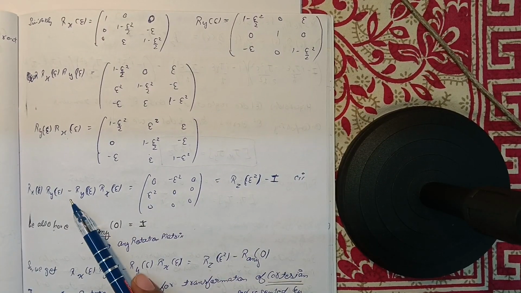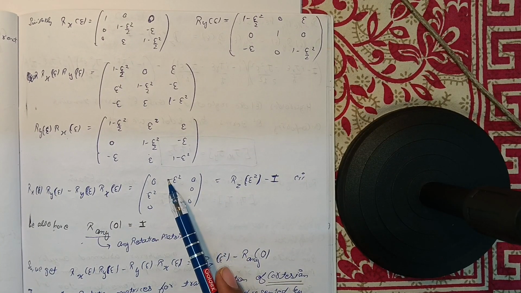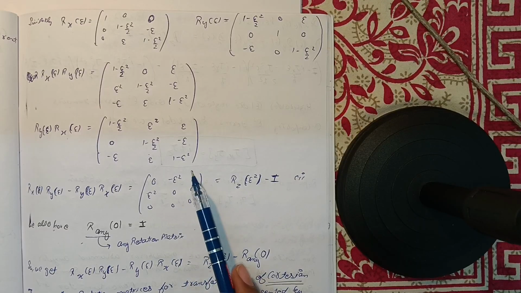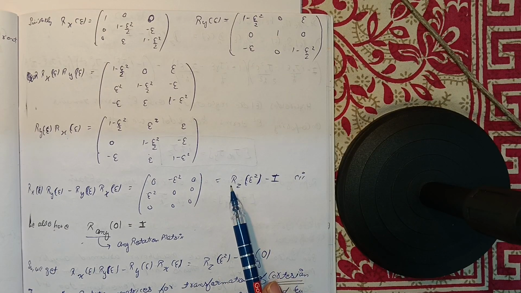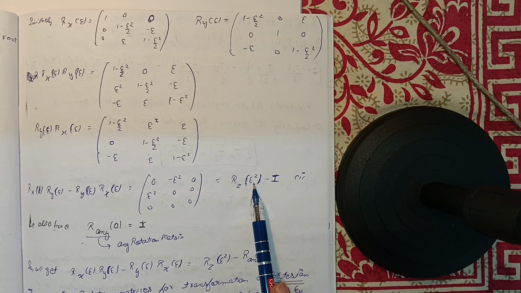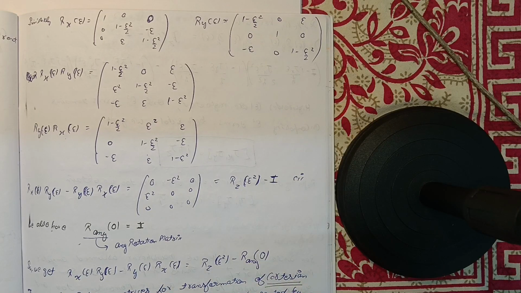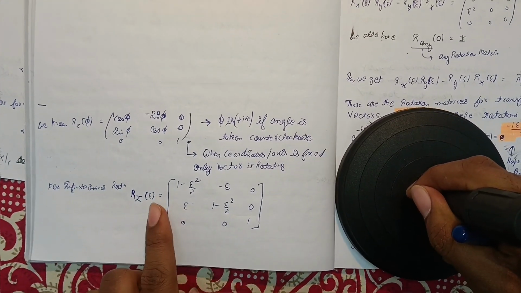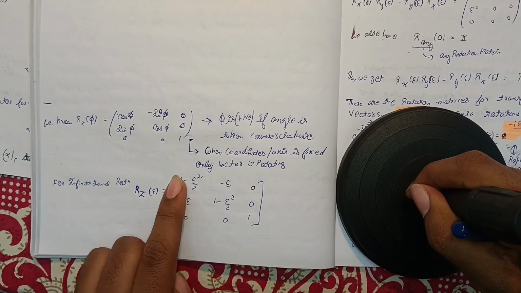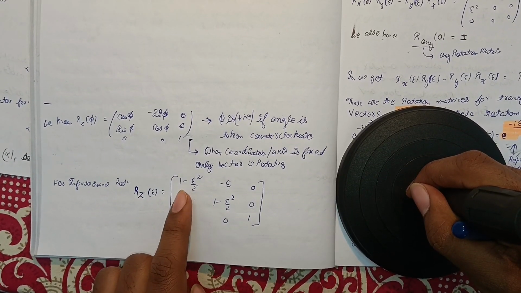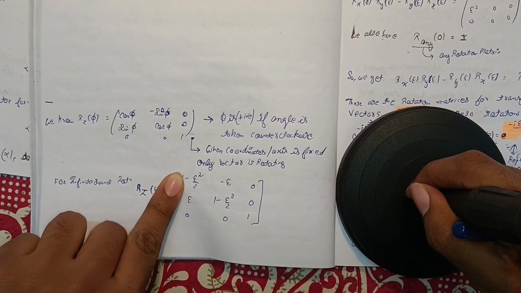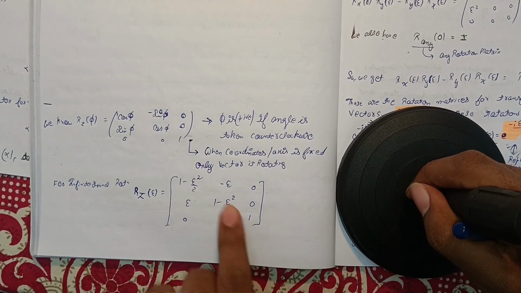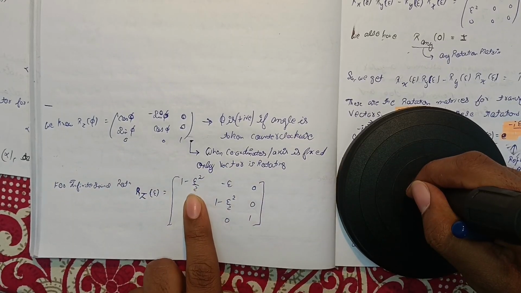Now subtract both of them, and you get this matrix, which equals a rotation Rz with epsilon square, minus I. If you subtract the identity, you will get 0. You will not get 1 1 1 here. You will get minus epsilon square by 2.